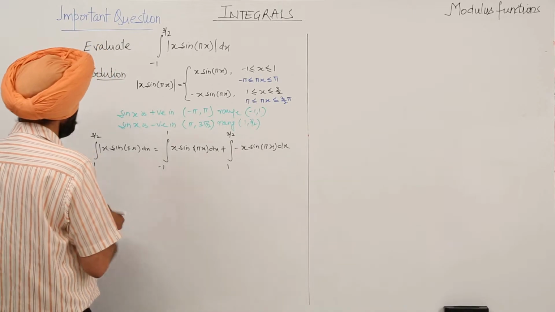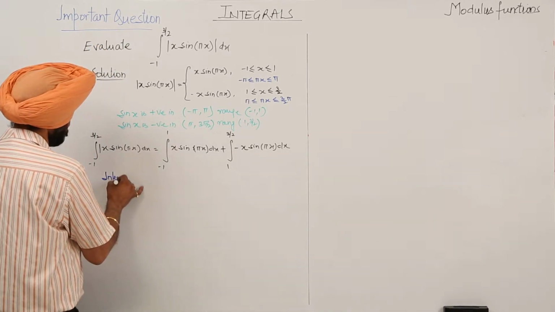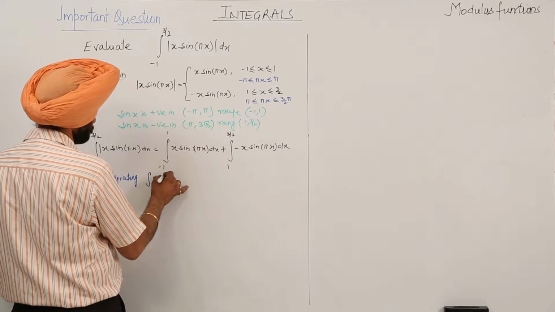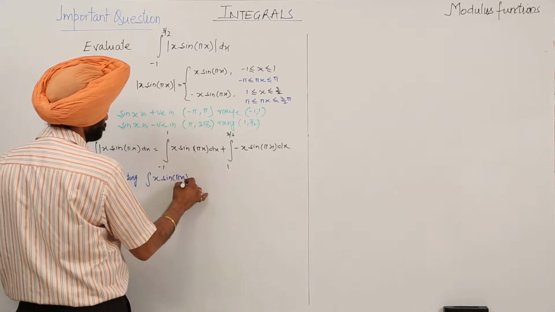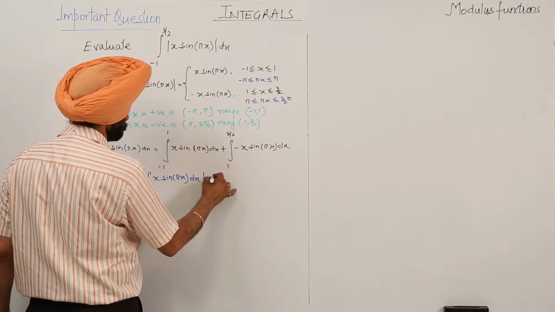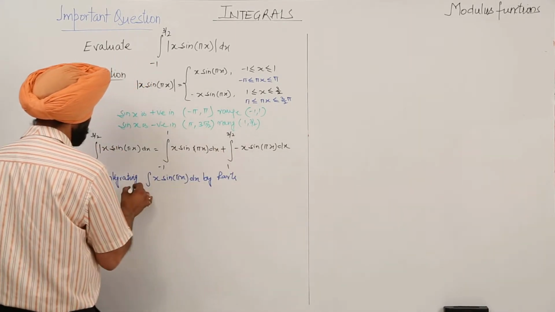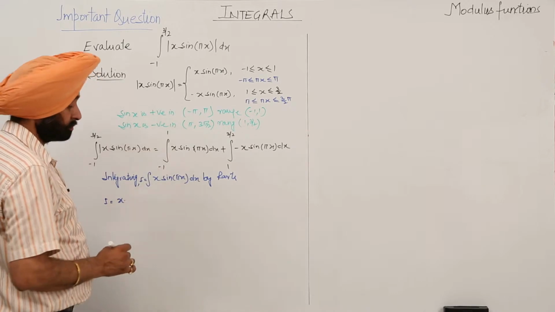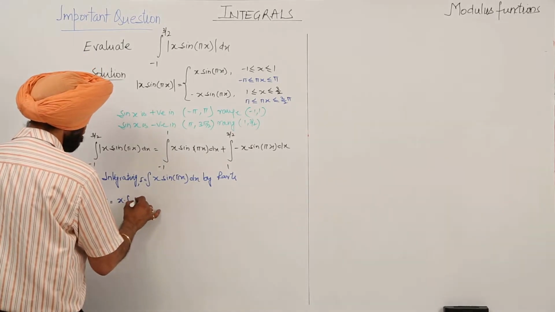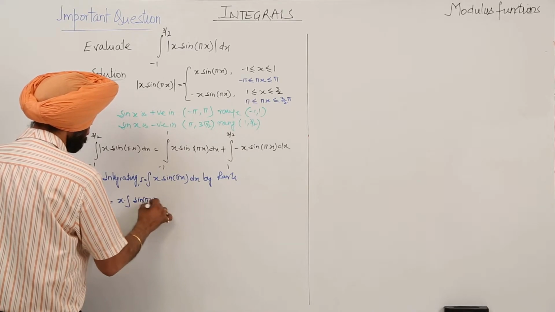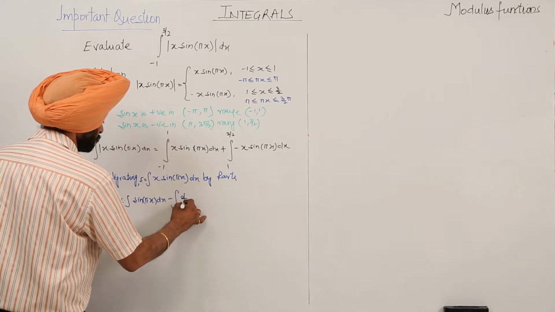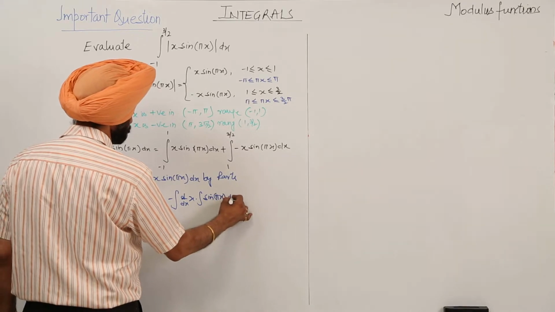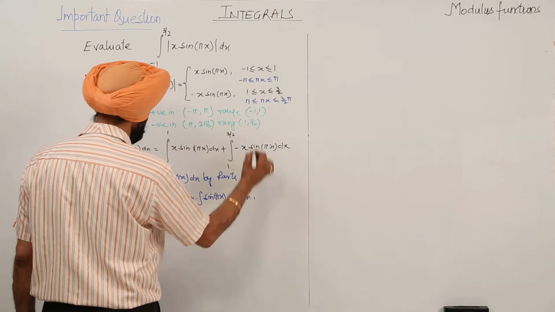Now integrating x sin pi x dx by parts. This is equal to the first function as it is, times the integration of sin pi x dx, minus the integral of d by dx of x times the integration of sin pi x dx, with dx.